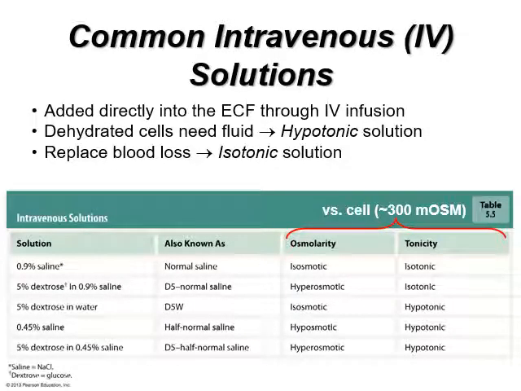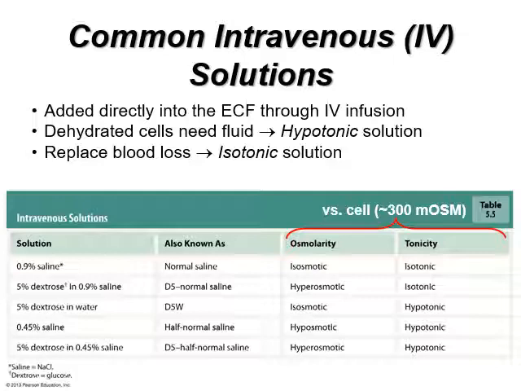So from a medical standpoint, tonicity is a very important concept because many times in the hospital or even outpatient, IVs are put into patients. IVs are putting fluids directly into the blood, directly into the extracellular fluid. Okay, so the osmolarity and tonicity, or really the tonicity of this solution, is important because it's going to affect the tone of the cells.